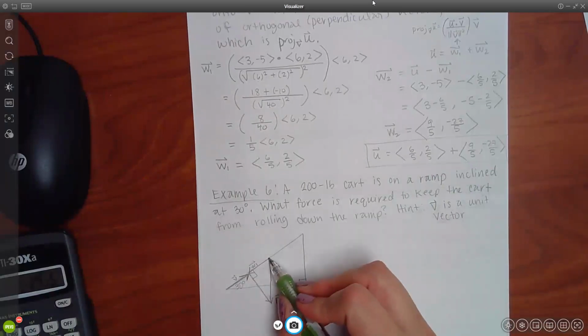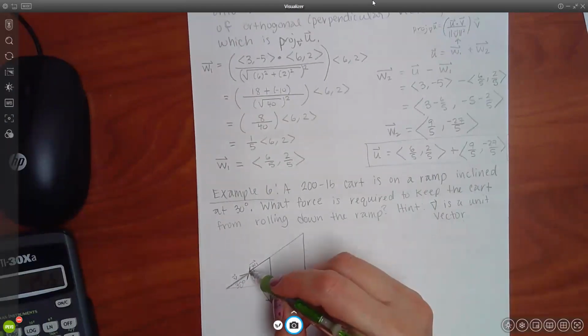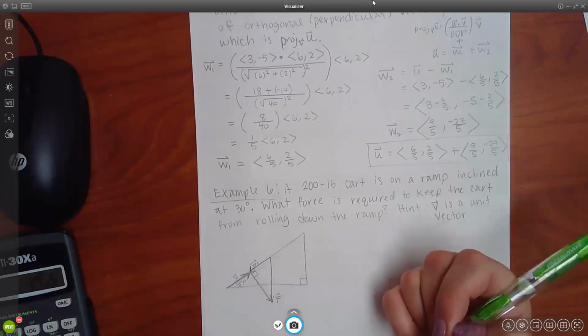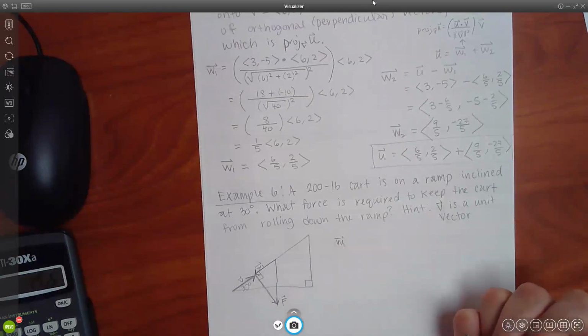And then it says that U1 is this way. So if I want to find F, we're going to need to find W1. But that means I need to know U and I need to know V.